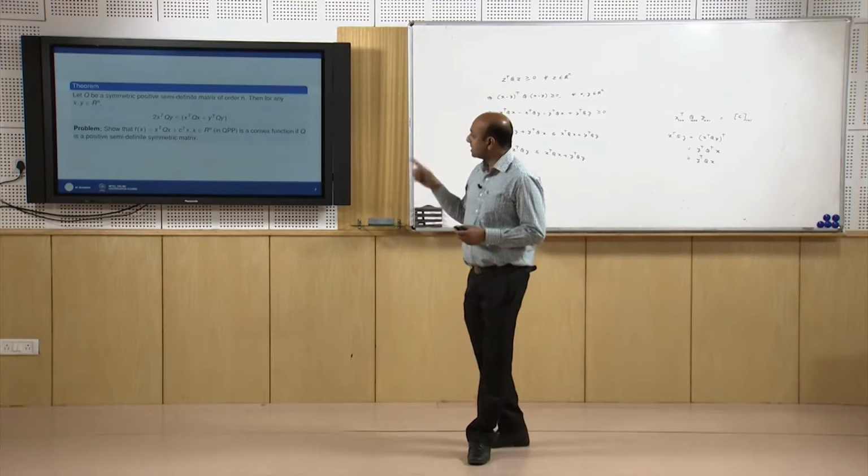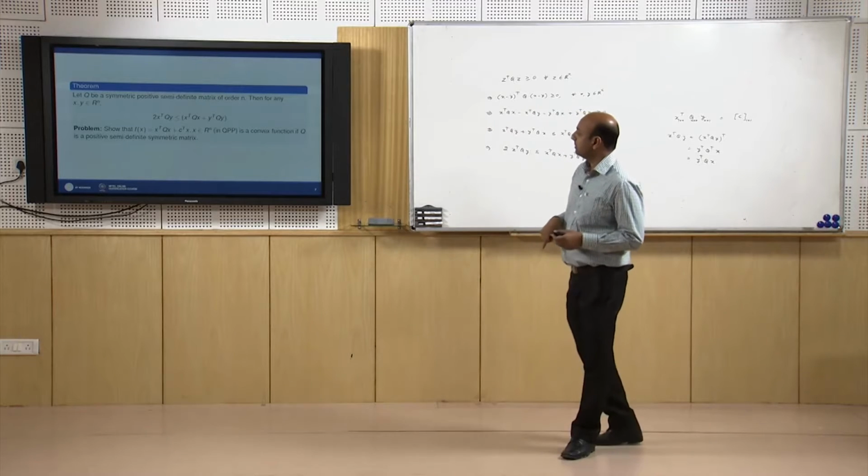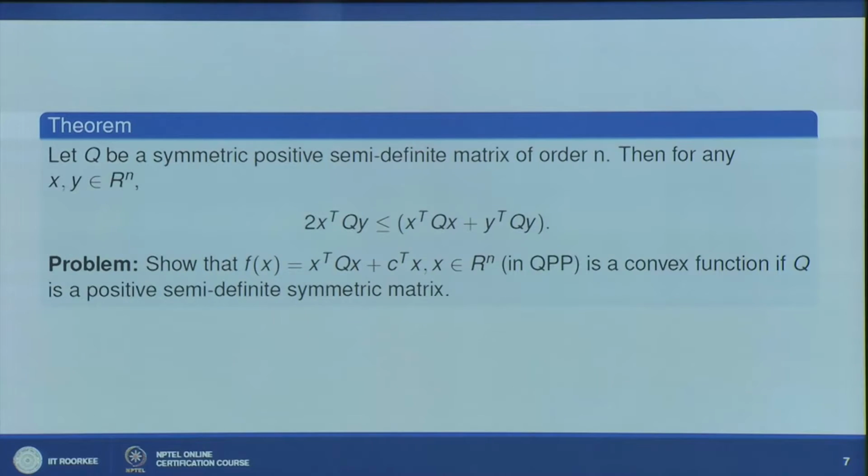Now, this result will be used to prove the next problem, that is, show that the function f, where f is x transpose Q x plus c transpose x in QPP, is a convex function if Q is a positive semi-definite symmetric matrix. So, how can we prove this? The proof is simple.